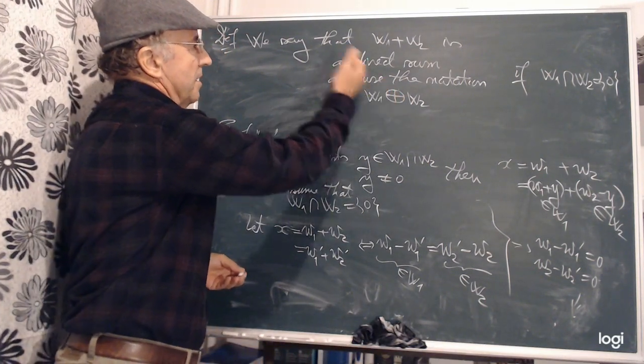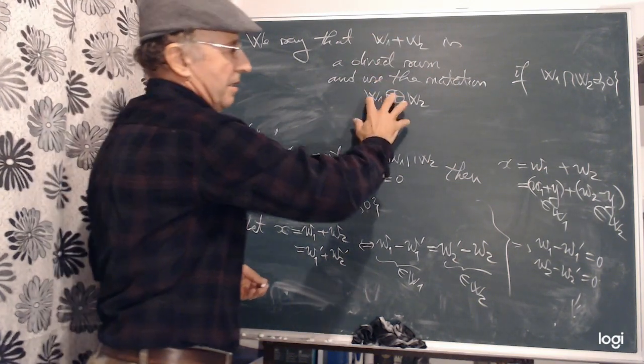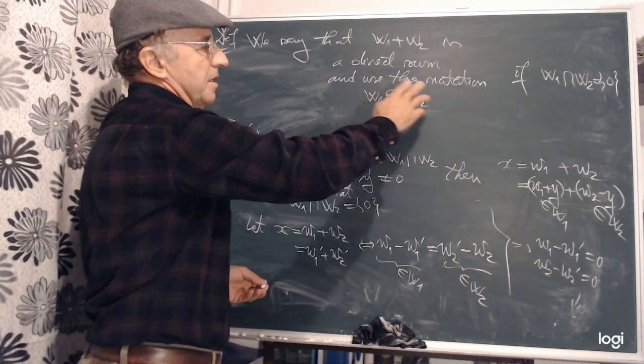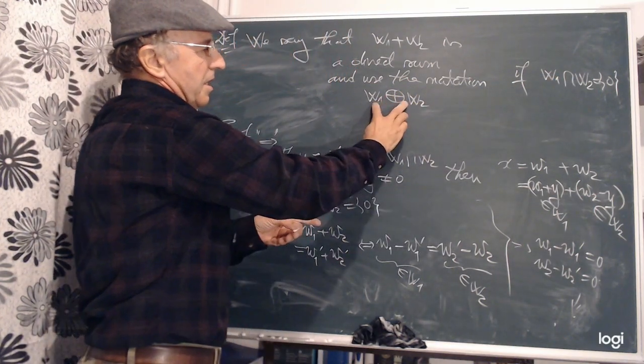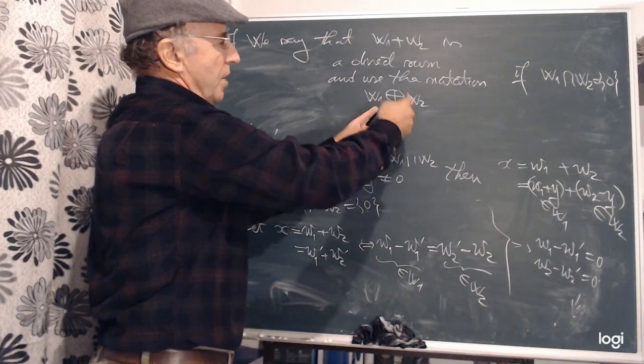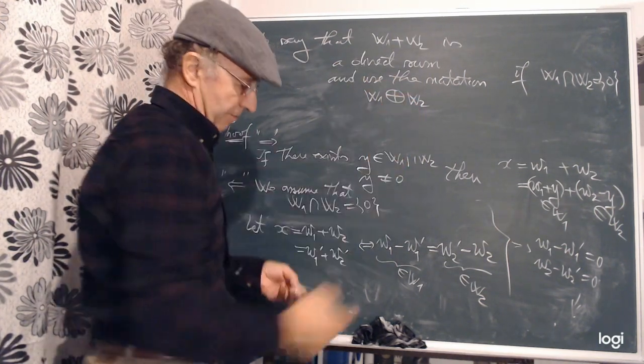This is the direct sum, but it also indicates that here we have a direct sum: any vector can be written in just one way as the sum of a vector from this space and a vector from the other space.